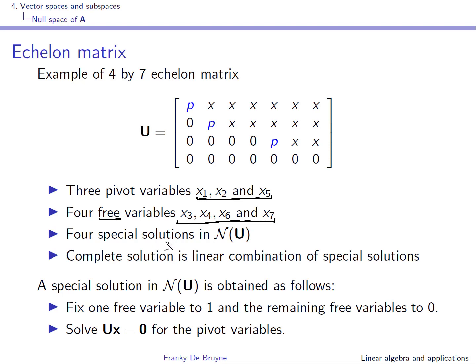So there are 4 special solutions. How do we find the special solutions? We fix one free variable to 1 and the remaining free variables are set to 0, and we solve for the pivot variables. In our case this leads to 4 special solutions.